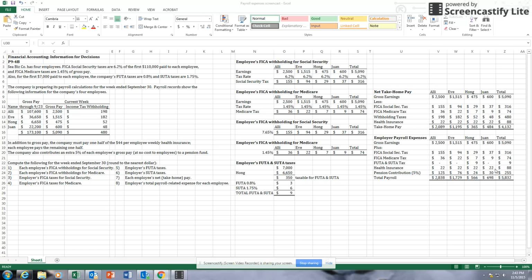That's this $22 apiece. And then also the employer has a pension contribution that they make of 5% of gross earnings. So this 125 here is 5% of 2,500, and that gives us our total. So although total earnings for employees is 5,090, the total payroll expenses that the employer has are actually quite a bit higher, 5,832.